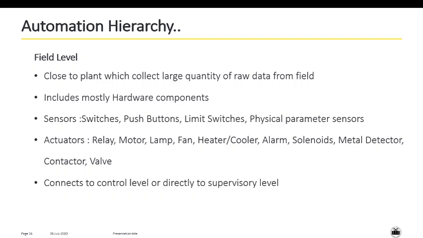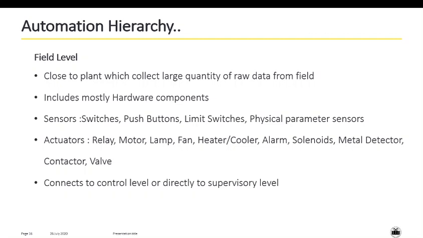In the human body there are sensors like skin, eyes, nose, ear. These are the sensors in your body. Actuators in the human body are your hands, legs, body movement, or any kind of actuation.